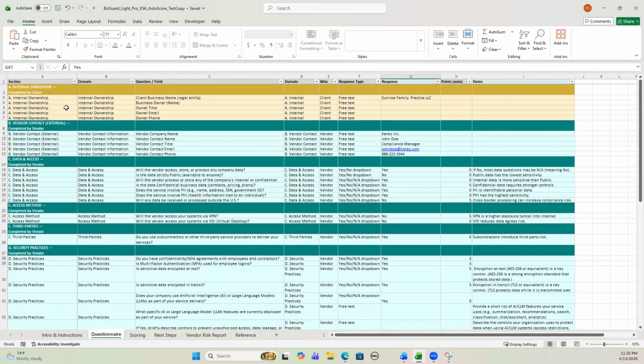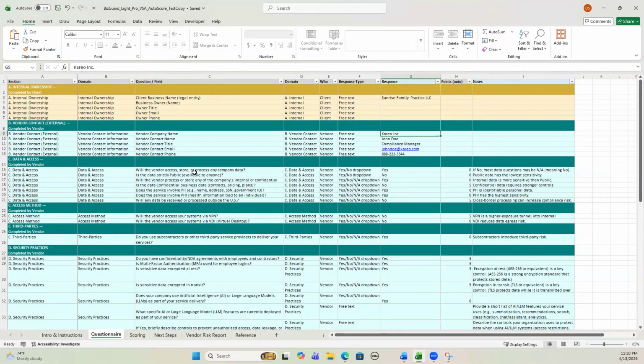Here you complete the client information: their business name, the owner's name, the title, email, and phone number. And here is the vendor information. I just put Cario, a fictitious name, of course, and the email address. I pre-populated the answers on their access, the data, and the type of business they're running.